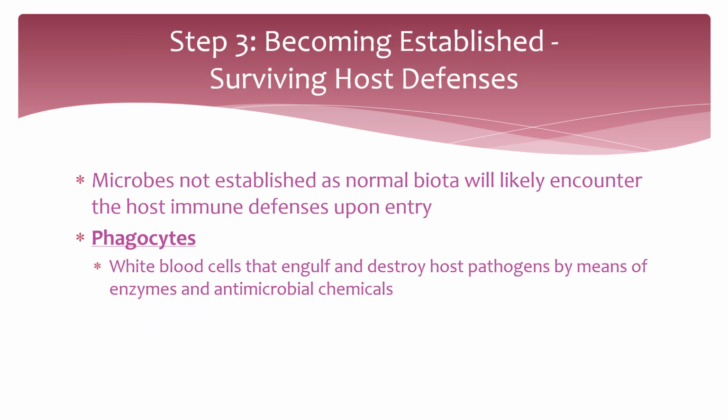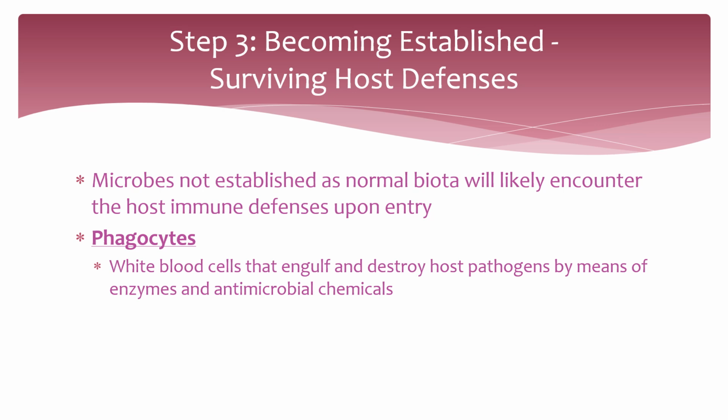Now, let's say that our microbiome doesn't make the grade. It doesn't do good enough to kick out those pathogens. Then we turn to our immune system, our white blood cells, our phagocytes, to deal with that pathogen.